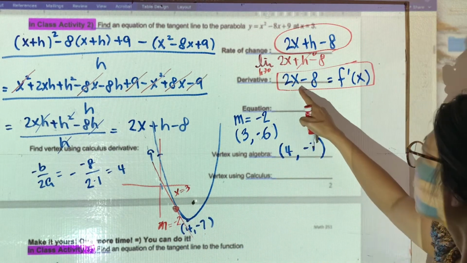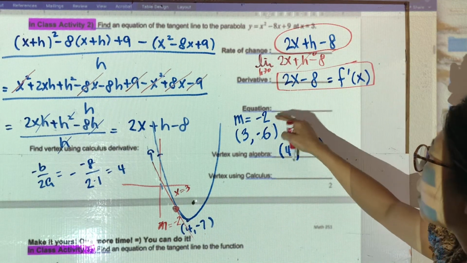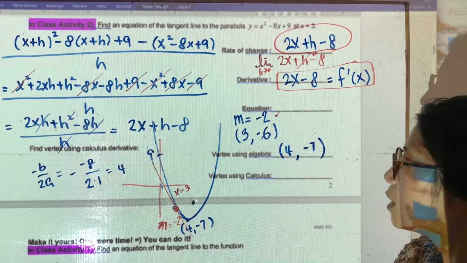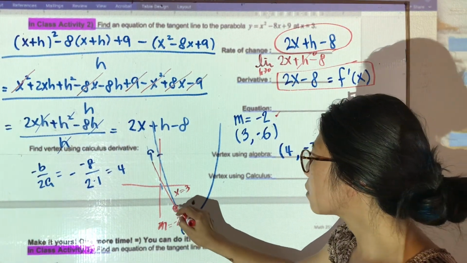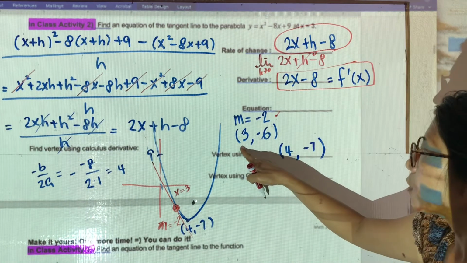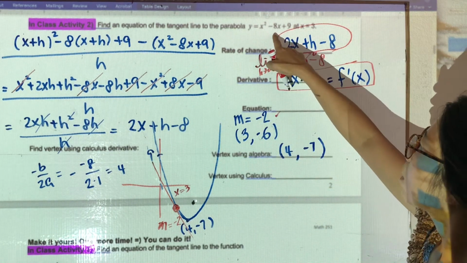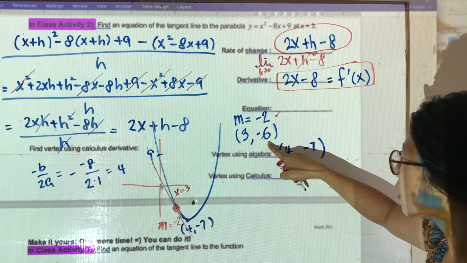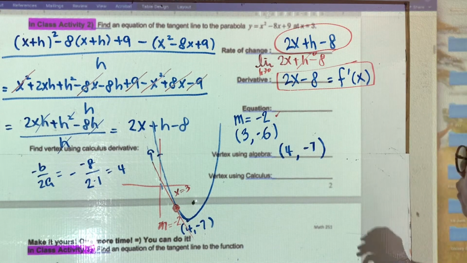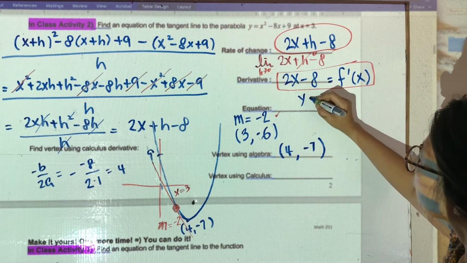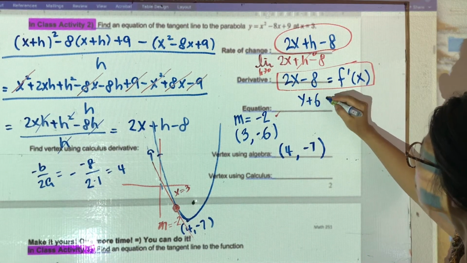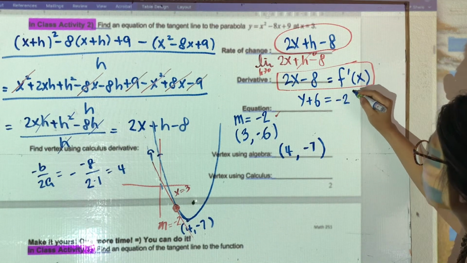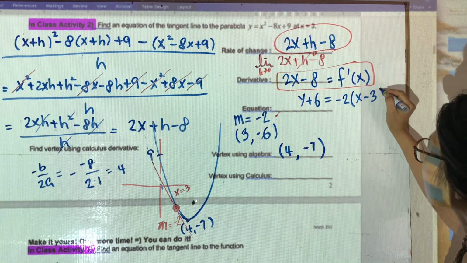I plug in 3 here, then 6 minus 8, I get slope -2. Then I need to find this coordinate. By plugging in 3, the y value gives me -6. So I can find my function one by one. y minus -6 equals -2 times x minus 3.